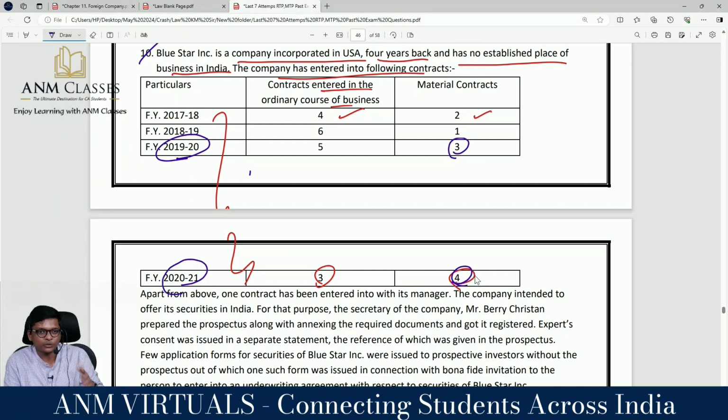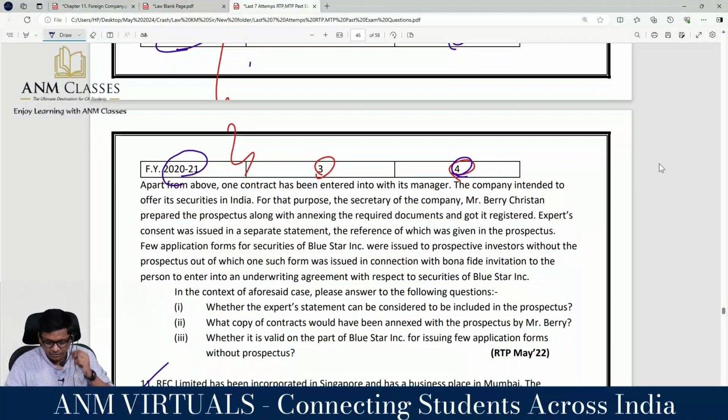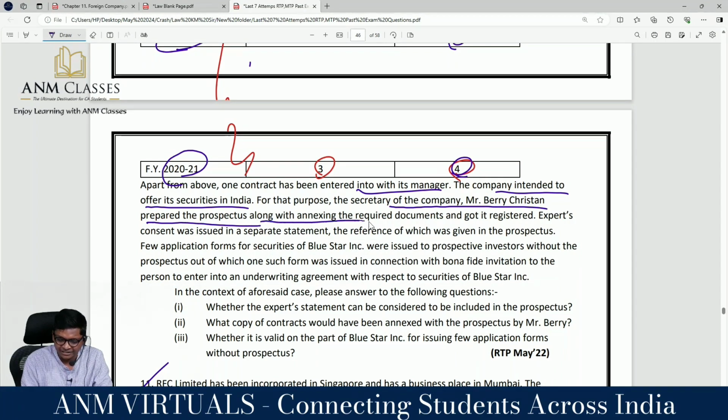That's what I think the question will be. Next. From the above, one contract has been entered into with its manager. The company intended to offer its securities in India. For that purpose, the Secretary of the company, Berry Christian, prepared the prospectus along with annexing the required documents. That's why the question is getting it, and it got registration of prospectus.